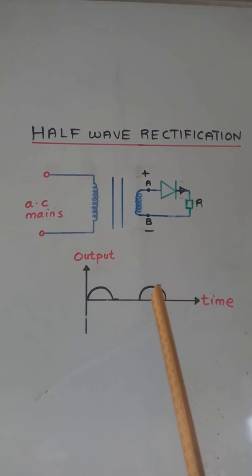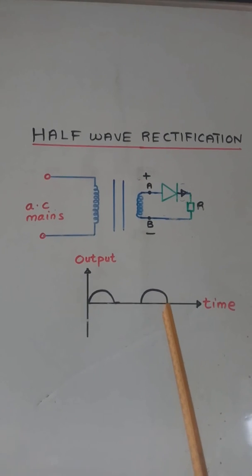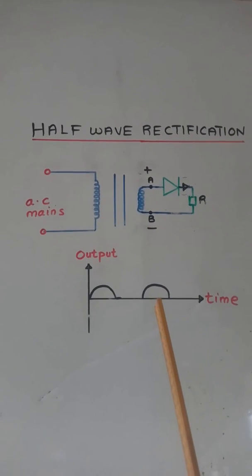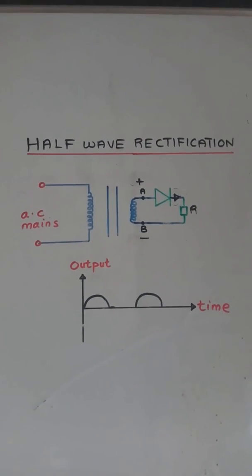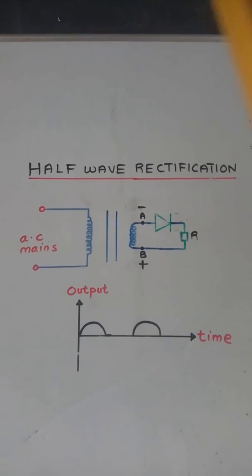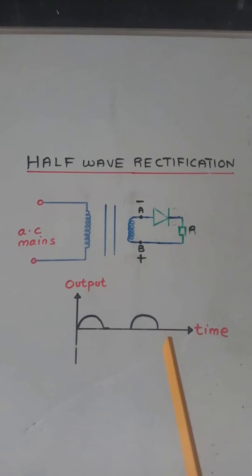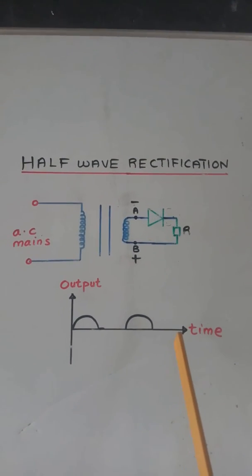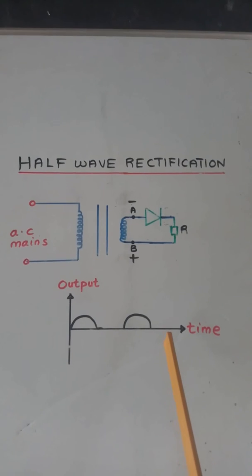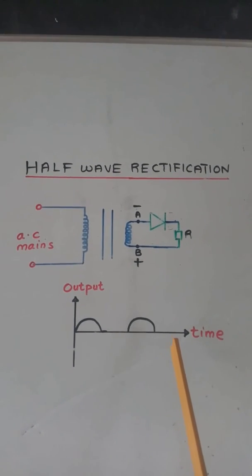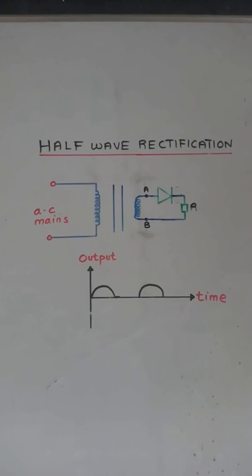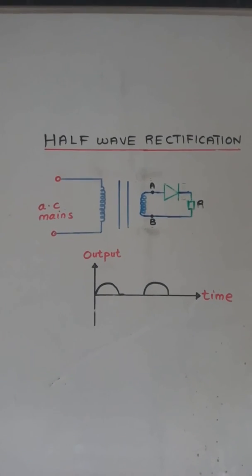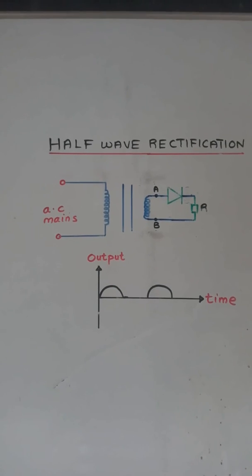For the next half cycle, current flows in the circuit. For another half cycle, current is not flowing in the circuit, which is what we call half-wave rectification.